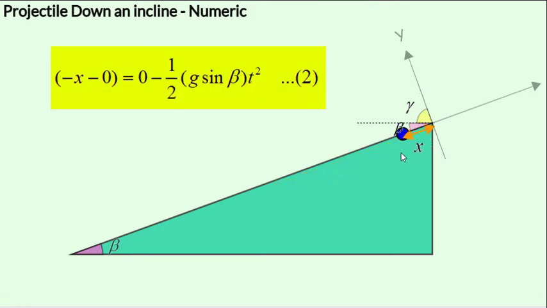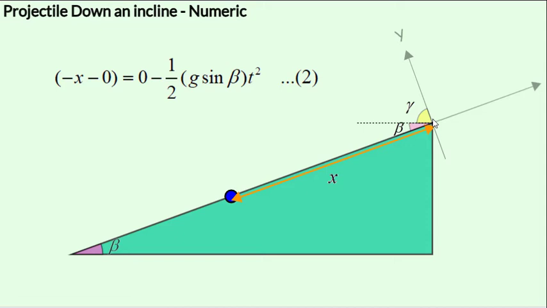We apply the second equation of motion along the x-axis. The initial x displacement is 0, and the final x displacement is minus x since it is in the negative x direction. The initial velocity is 0 since the ball begins from rest.